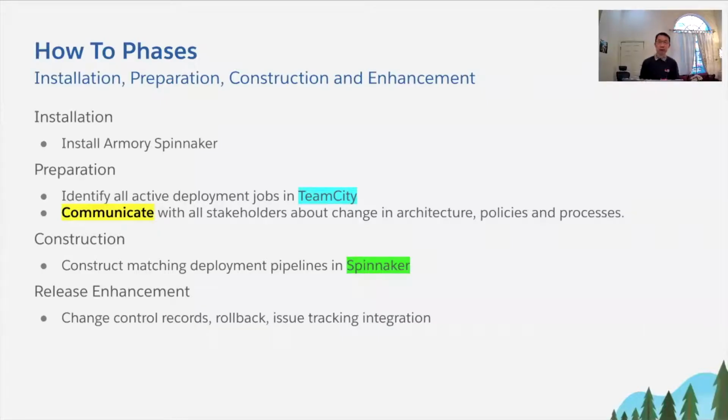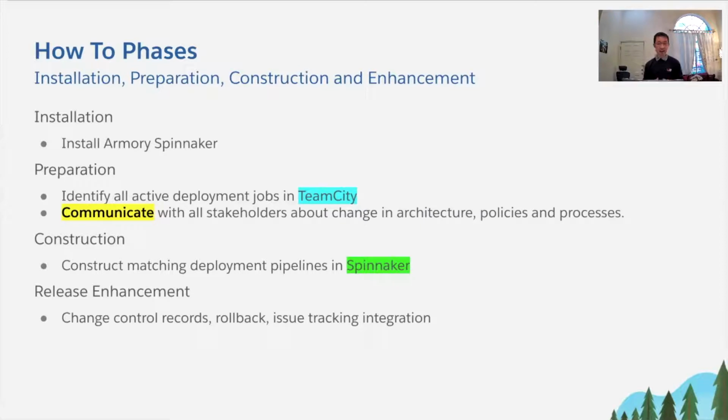There are several phases in this journey. First, we install Armory Spinnaker, and then we prepare the deployment jobs in Spinnaker. In this phase, we first need to identify active deployment jobs in TeamCity and, more importantly, communicate with all stakeholders about changes in architecture, policies, and processes.